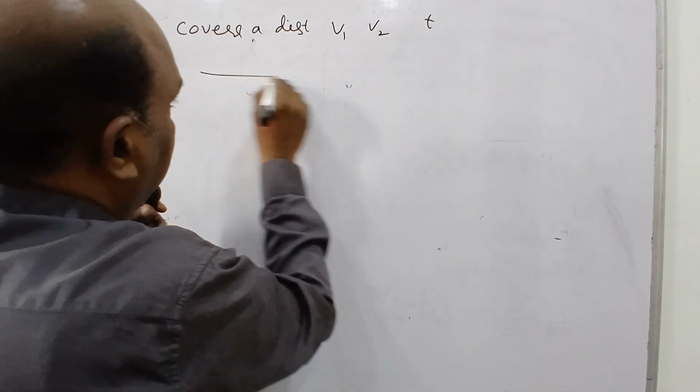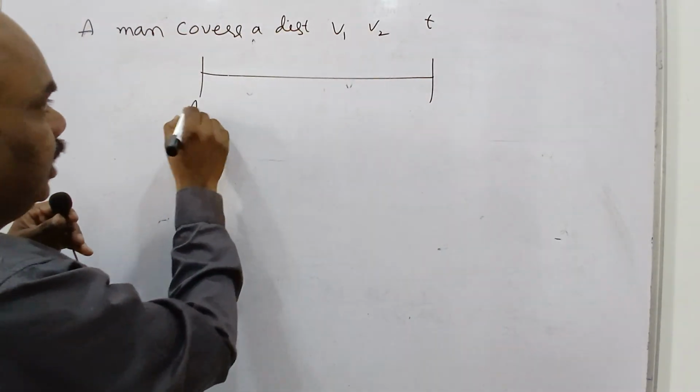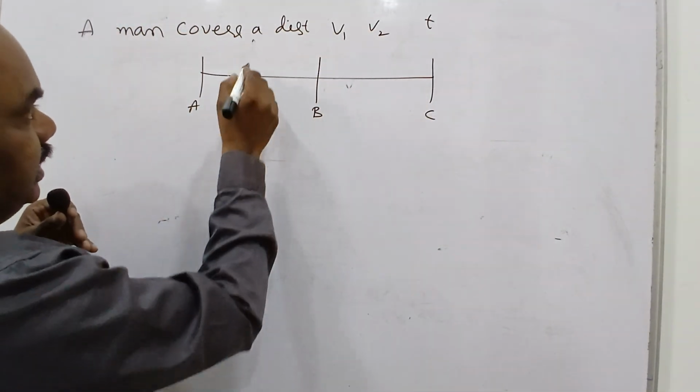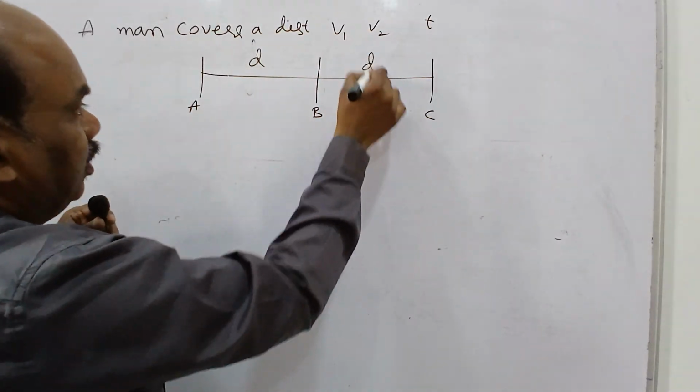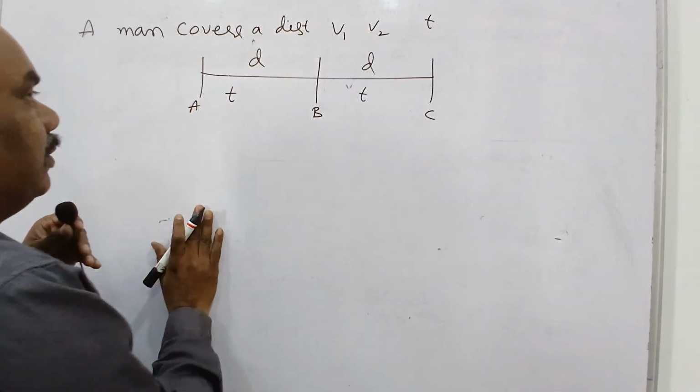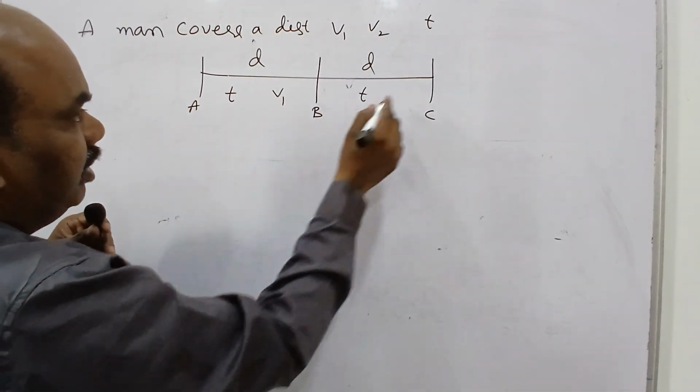Time is same. Let the total distance be from A to C. Let the distance A to B and B to C also be equal. So equal time: this time is T, this time is T. Speed from A to B is v1, this is v2.